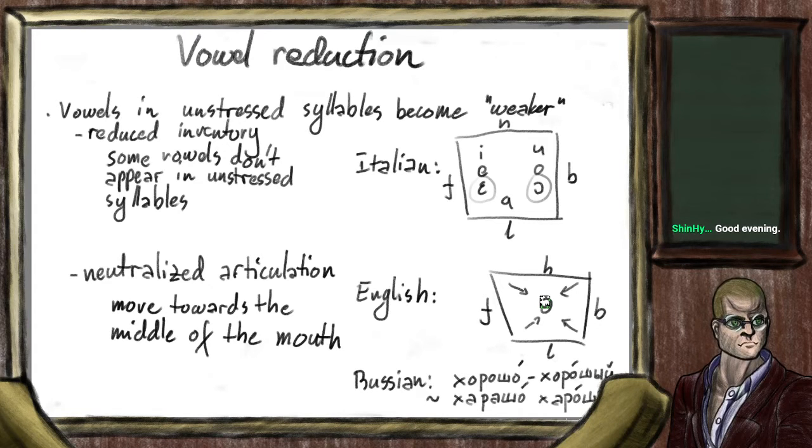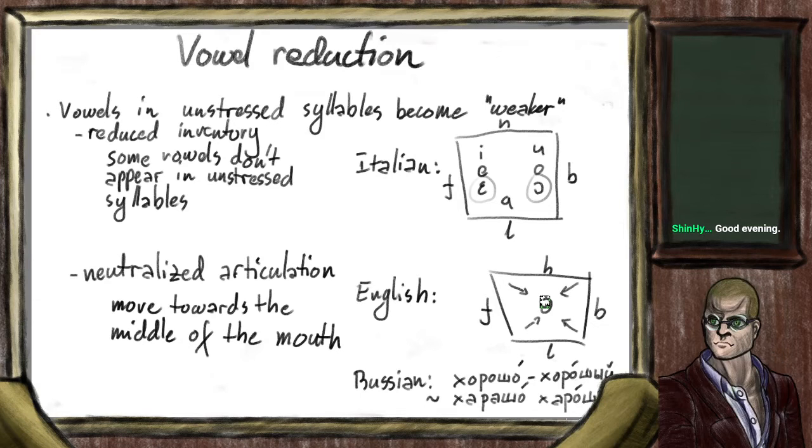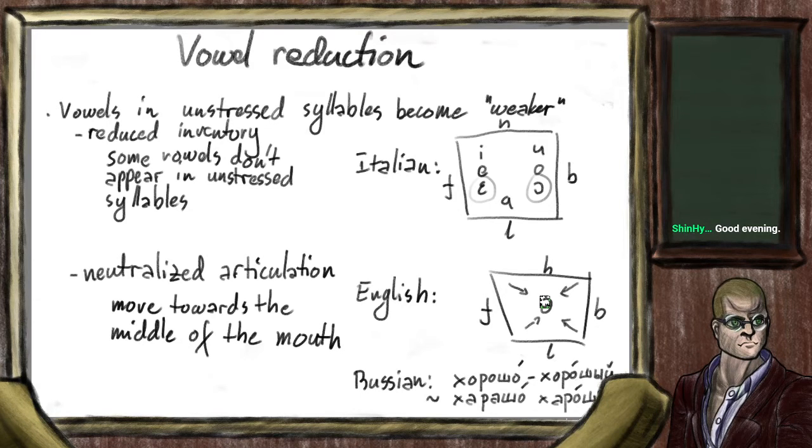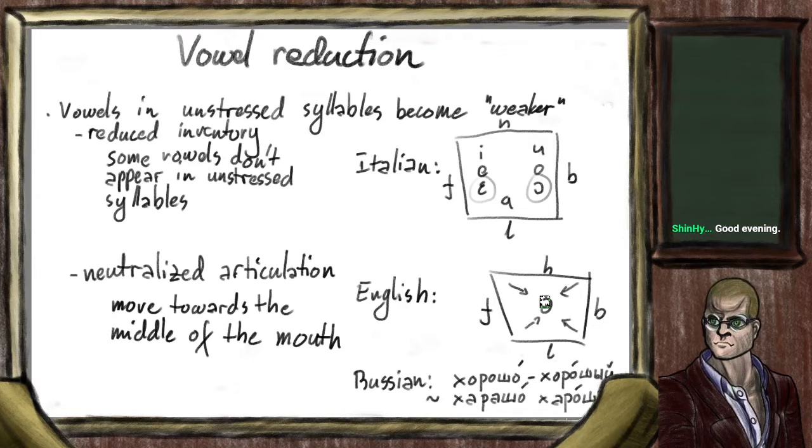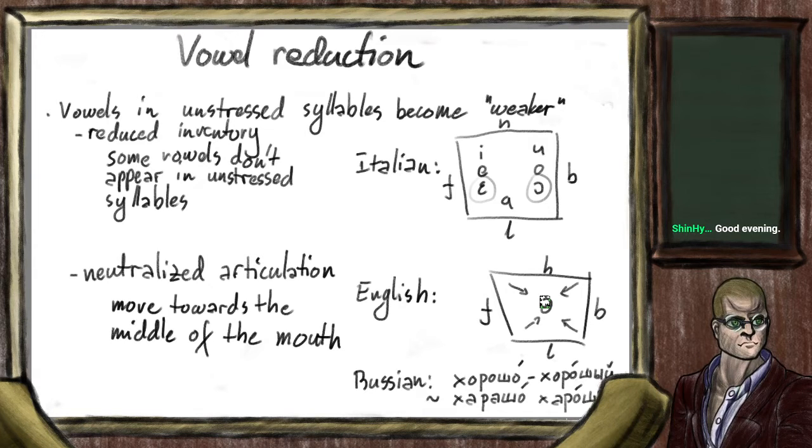And this is part of the vowel reduction process, in which usually stressed syllables remain clear and distinct, but unstressed syllables lack some kind of extremity that exists in the stressed syllables.